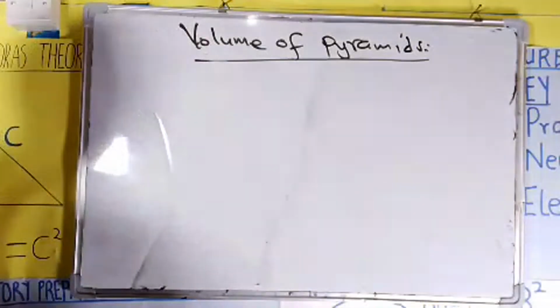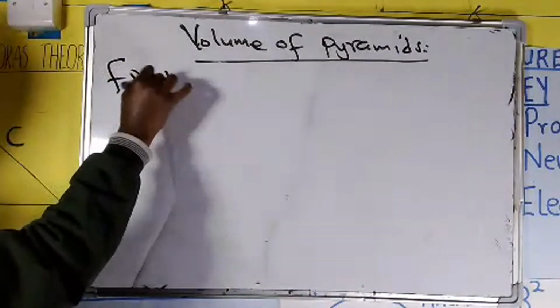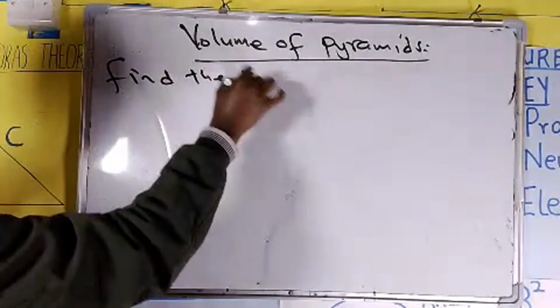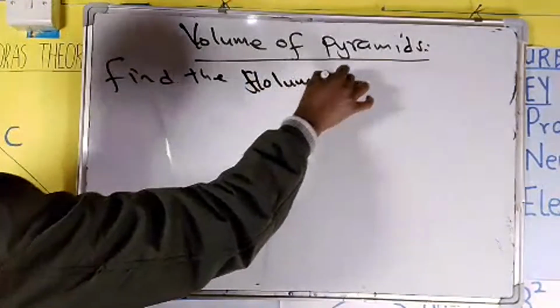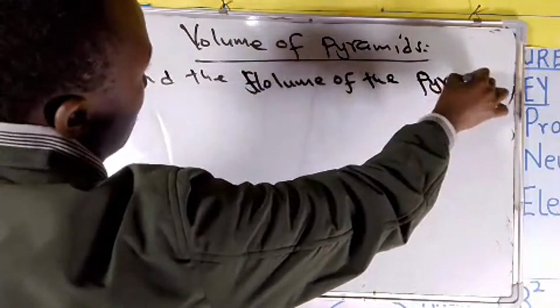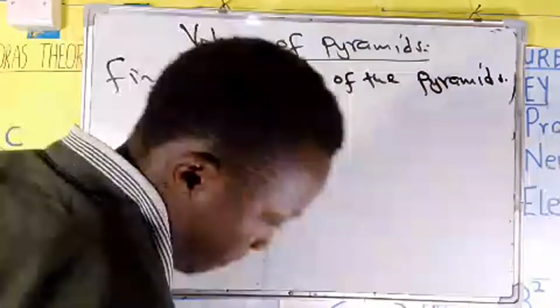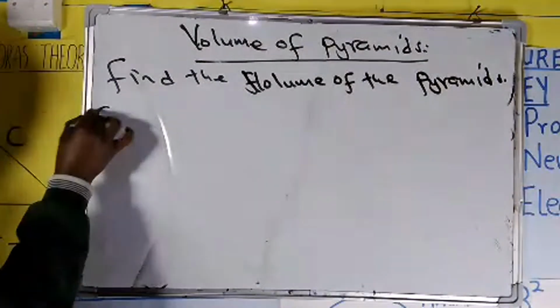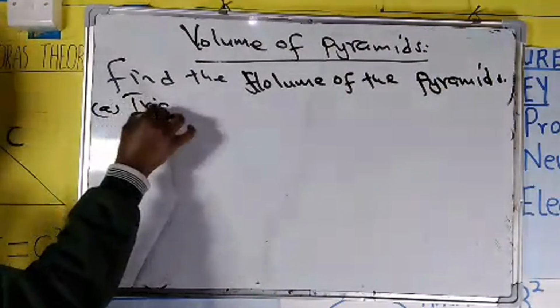Find the volume of the following pyramids. The first one is a triangular base.